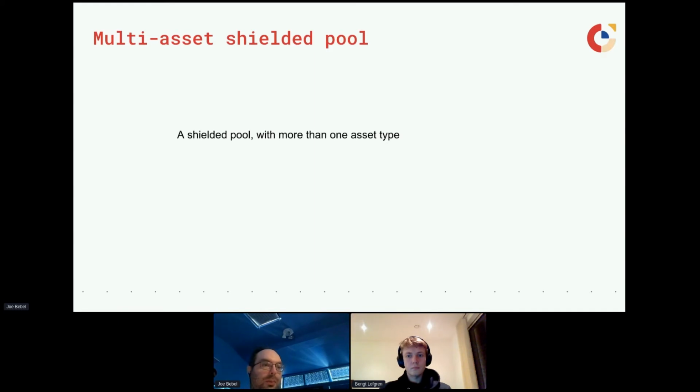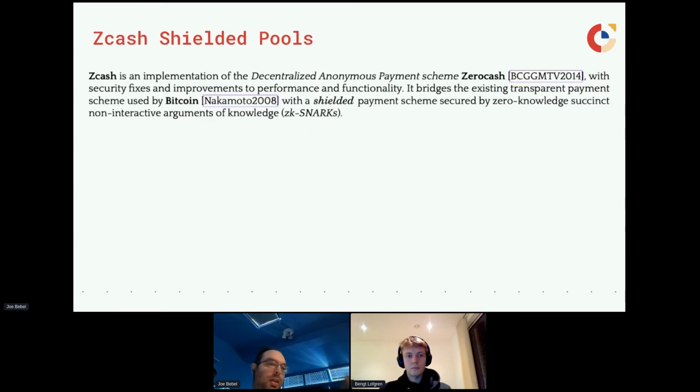So we have to start with the Zcash shielded pools, of which there have been 3 so far. And I'll use Zcash's own description of what it is. It's an implementation of the original paper called Zerocash, the original academic research paper, with, a little understatement, improvements to performance and functionality.